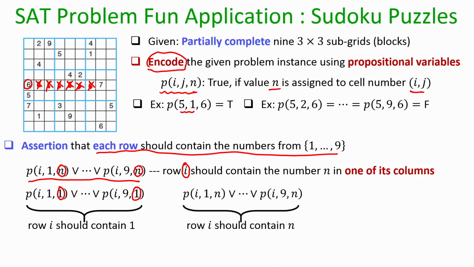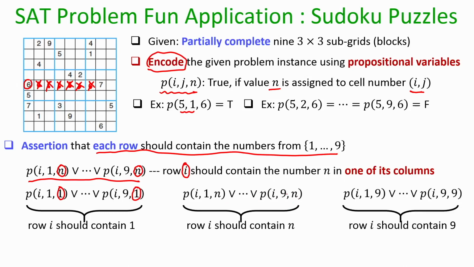In the same way, the disjunction of these 9 variables represents that I want the number n to appear in one of the 9 columns of the ith row, and the disjunction of these 9 variables represents that I want the number 9 to appear in one of the columns of the ith row. Okay. So, I am fixing the ith row, and I am stating the fact that my ith row should have 1 appearing somewhere, 2 appearing somewhere, n appearing somewhere, 9 appearing somewhere by these various expressions.